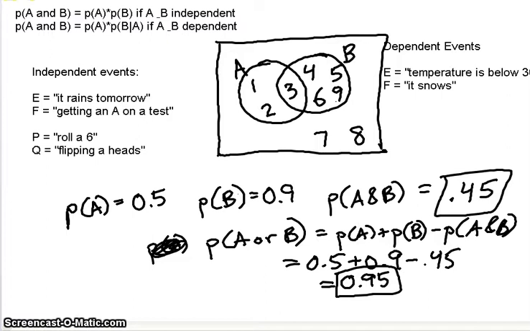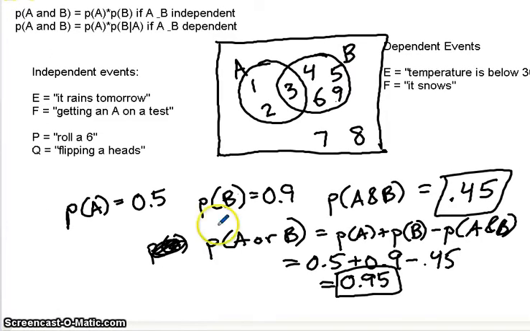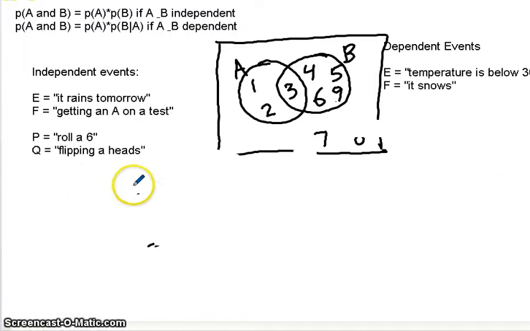Suppose the probabilities, now what does this line here mean? It means conditional probability.